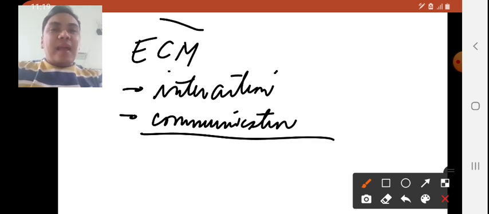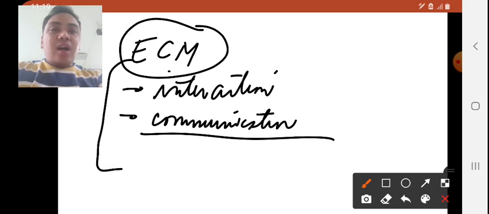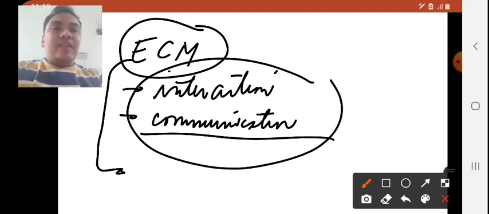But aside from the extracellular matrix, there are other structures among various types of cells which have interaction and communication as their main function.